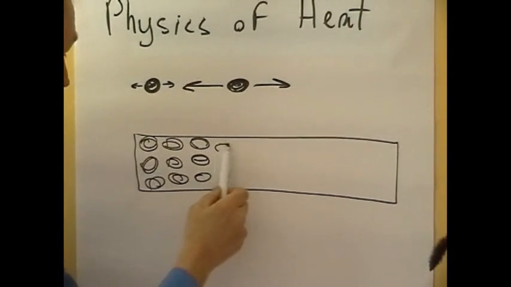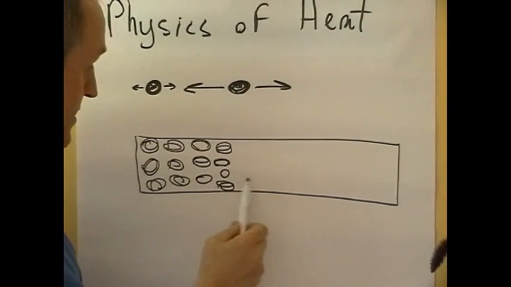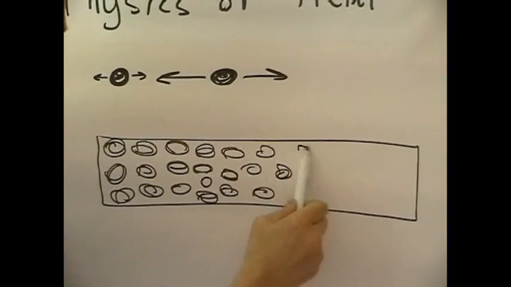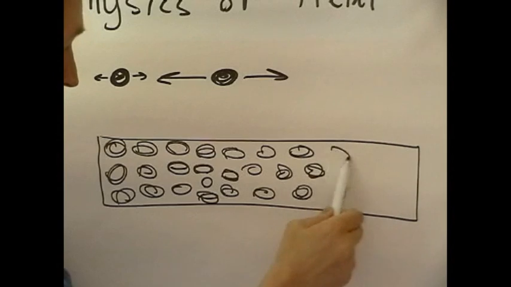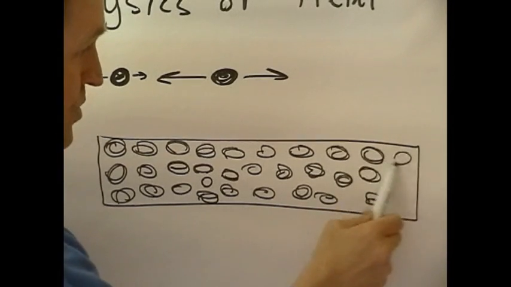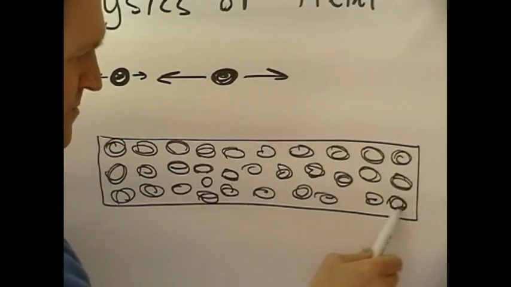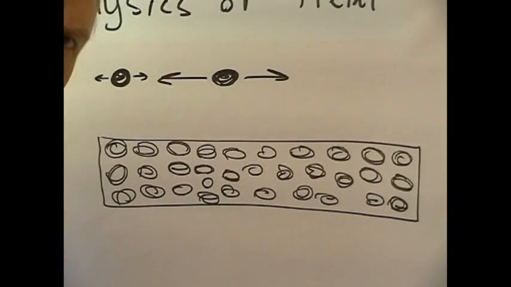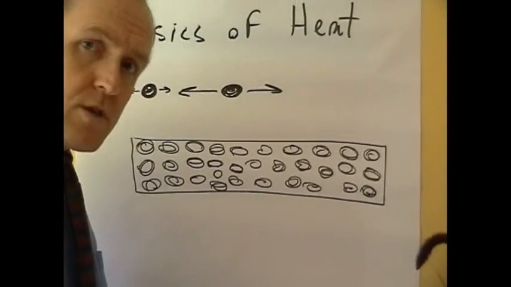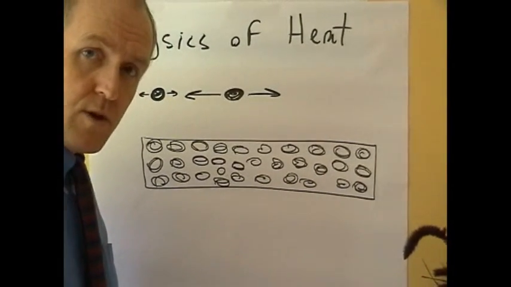Much smaller than this, of course, but the individual copper atoms are composing the piece of copper. And when the copper is cold, they will be vibrating slowly.